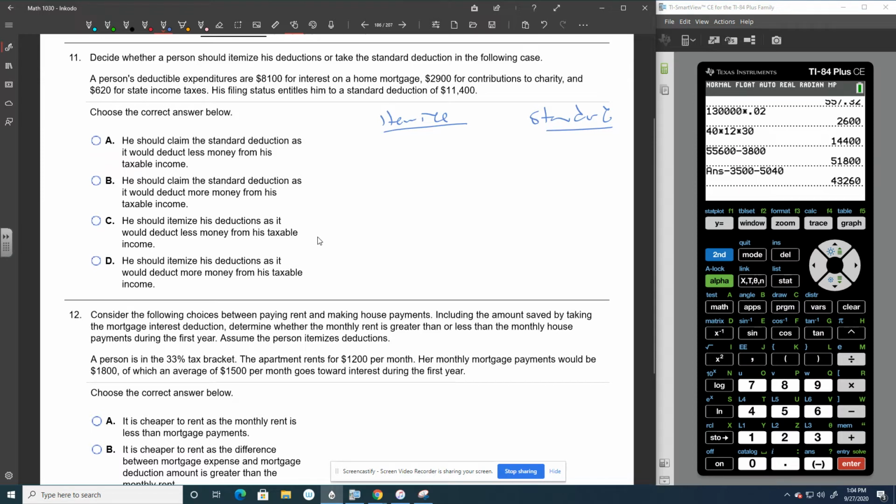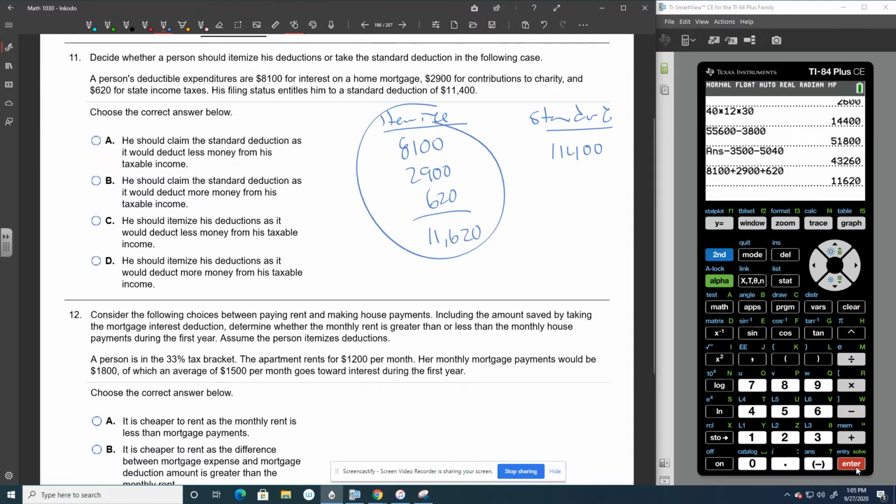So this person's deductible expenses are $8,100 for interest on their home, $2,900 for contributions to a charity, and $620 in income taxes. Or she can have a standard deduction of $11,400. So we just add these together, $8,100 plus $2,900 plus $620 gives you a total of $11,620.